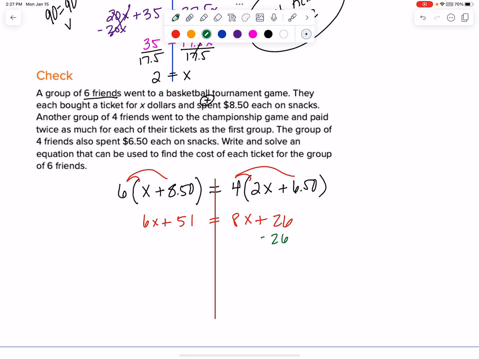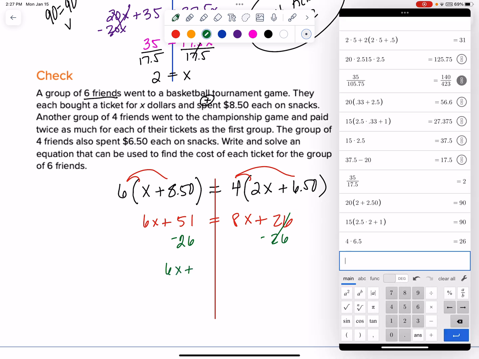I'm going to go ahead and subtract 26 to both sides. That goes away. We have 6x plus 51 minus 26, different sign subtract, is 25, equals 8x. Let's go ahead and move our x's, so minus 6x to both sides. Cross that out.